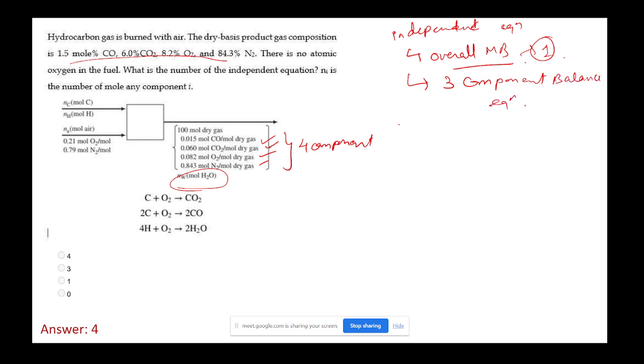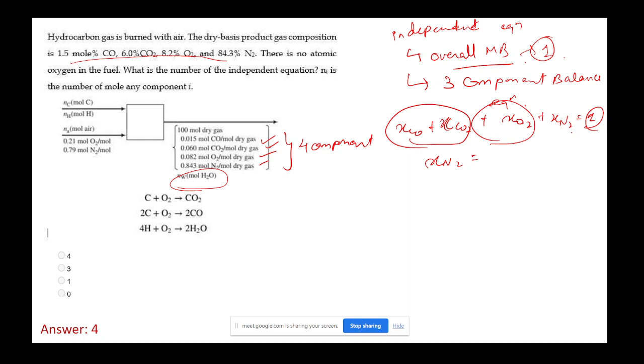Like you can say that XCO plus XCO2 plus XO2 plus XN2 equals 1, because it is on a dry basis. The mole fraction of H2O is not considered in this. So if you know three of them, then you will be able to get the other. So you can have three independent component-wise balances. So independently you have four equations.